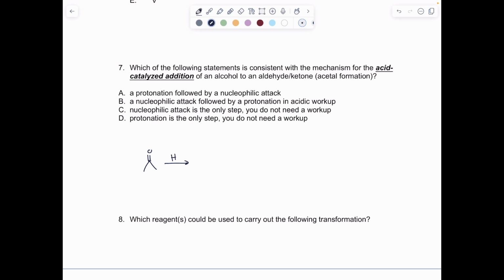So if we start with a ketone and we add acid, one of these lone pairs can come in and grab that acid and protonate, forming the ketonium ion. From here, there's a resonance structure where the double bond can resonate upward.